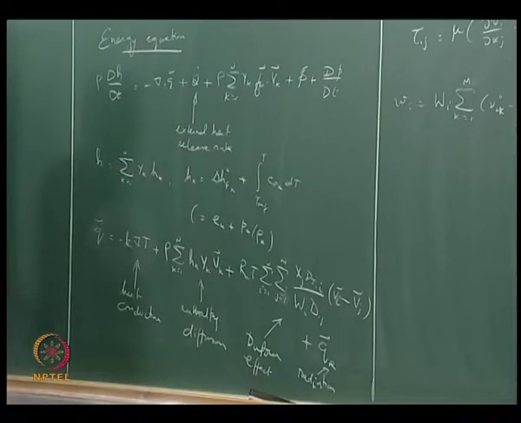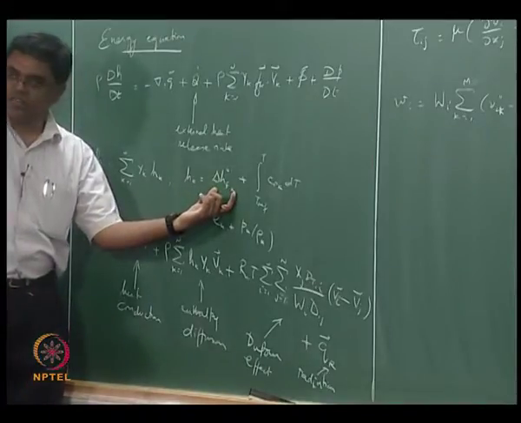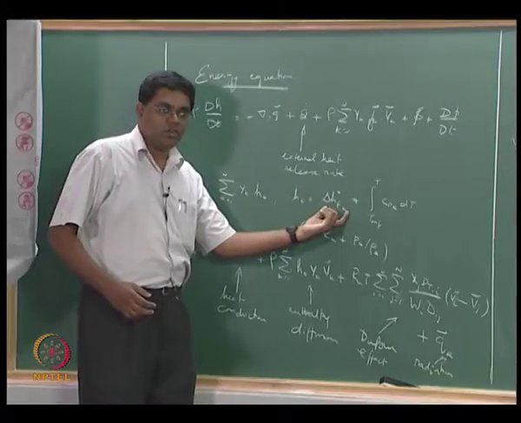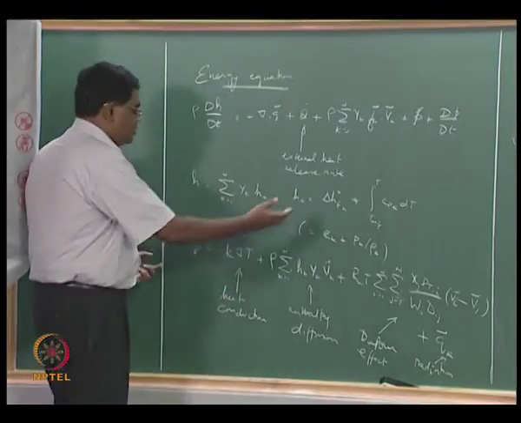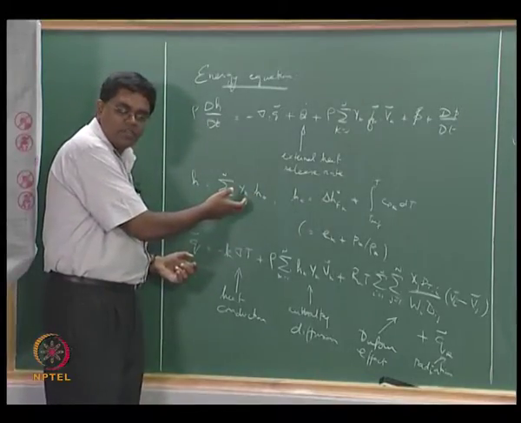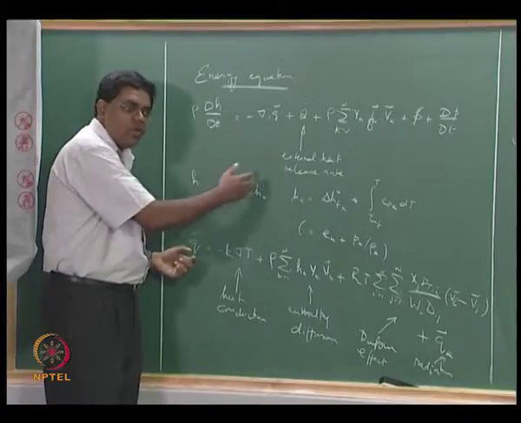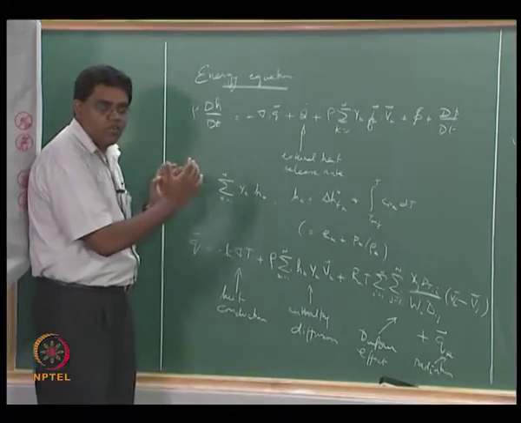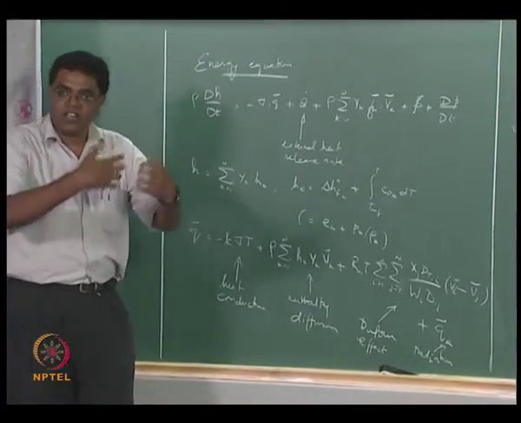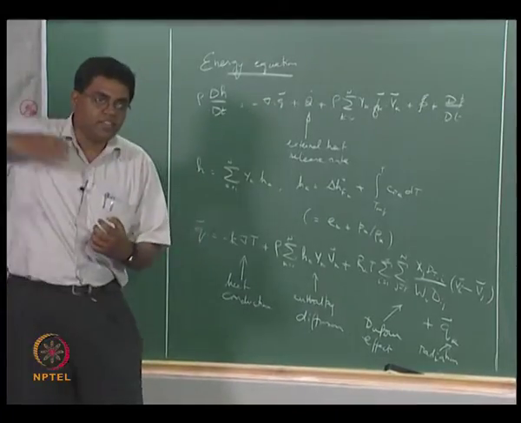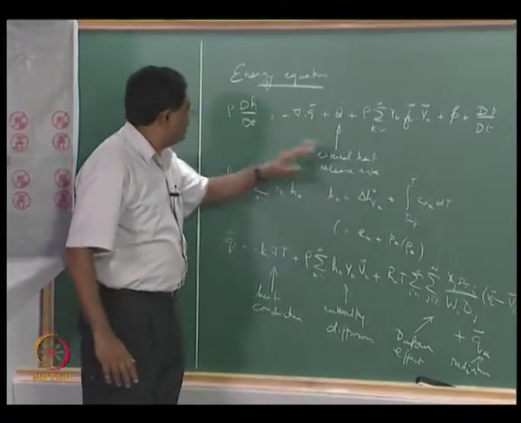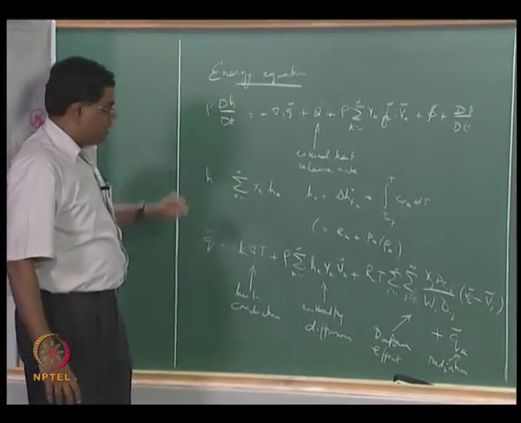The chemistry is part of the fluid mechanics sitting here in the delta HF naught K, that is the standard heat of formation of species K. If you now take that into account and then add that up weighted by the individual mass fractions of each species, then you get the summation for the standard heats of formation that tells you how much heat is actually released by taking in the heats of formation of the reactants and releasing the heats of formation of the products, alright. So that is already taken into account in the H, it is embedded there, it is not external.